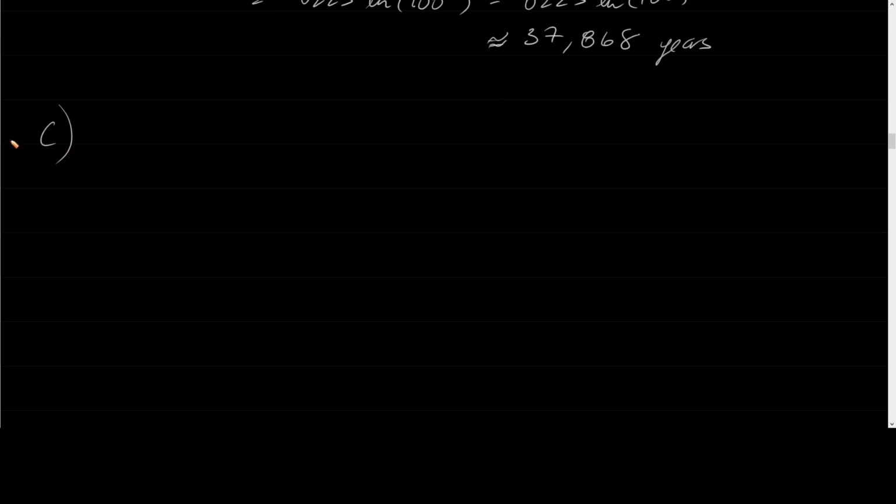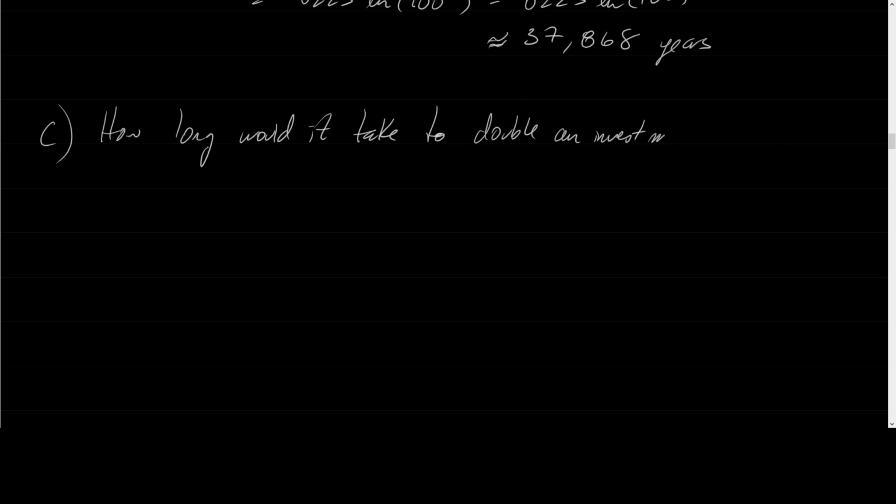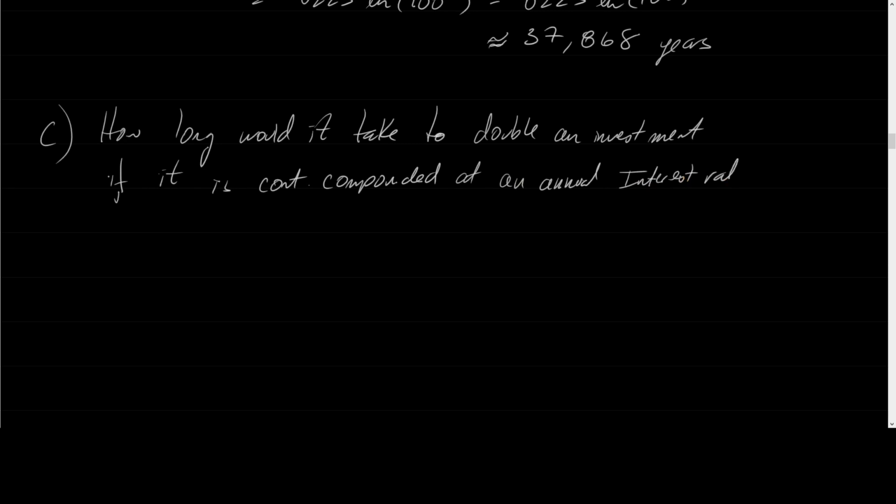So example C. How long would it take to double an investment if it is continuously compounded at an annual interest rate of 6.75%, right?